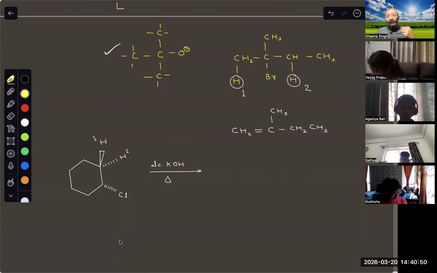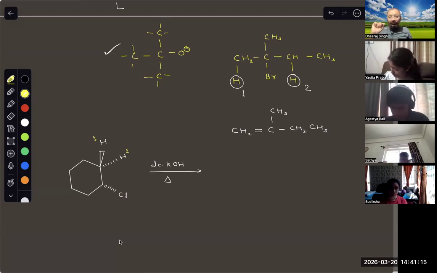Suppose, hypothetically speaking, the 180-degree opposite hydrogen is not there. All the hydrogens are on the side of the chlorine. Then it will not be able to attack. Nothing will happen. It must have a hydrogen, you can write it down, which is 180 degrees away from the leaving group. Must for E2.